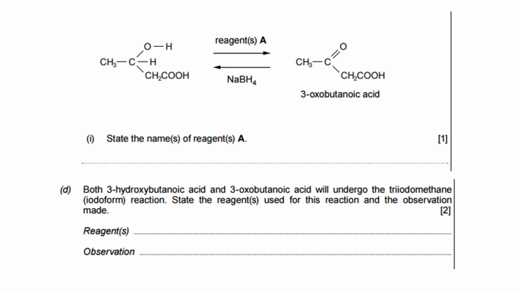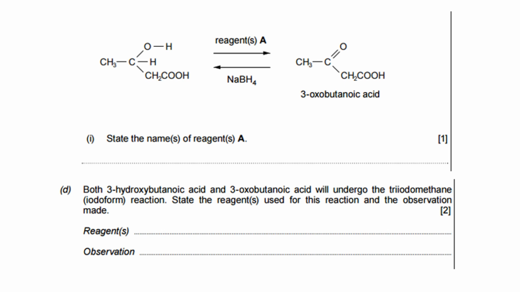Okay, in this question here, you've got this rather strange looking molecule reacting with reagent A to form this molecule, 3-oxobutanoic acid, and the reverse of this reaction involves sodium borohydride. Now, sodium borohydride is for reducing, so the opposite of reducing is oxidation.